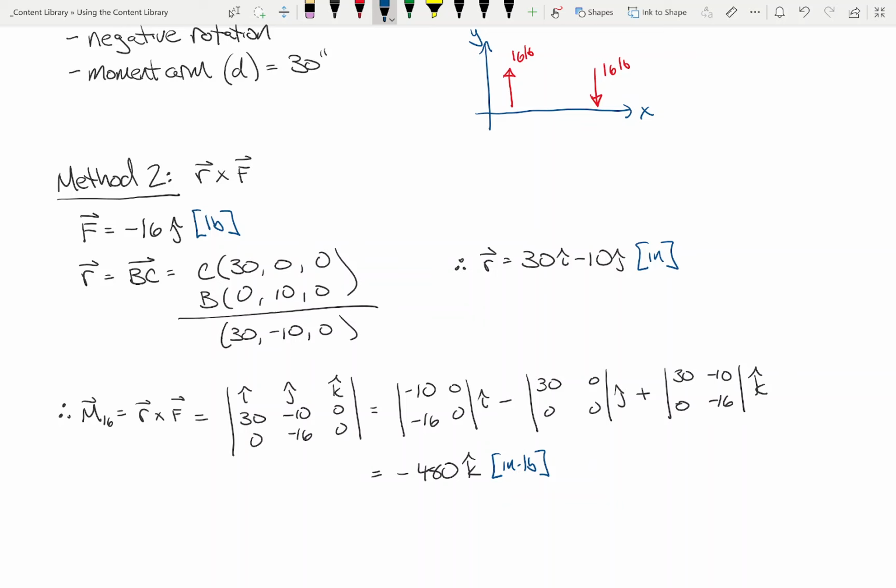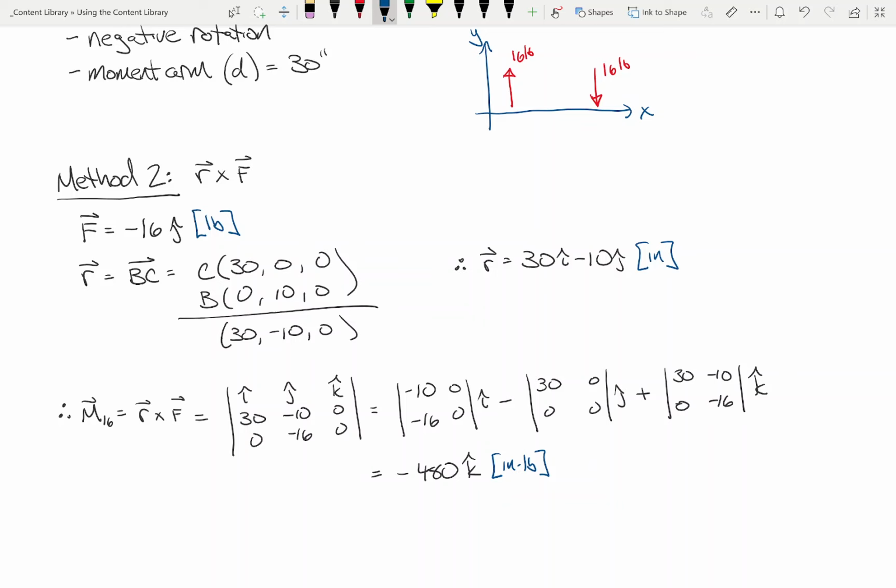And by the way, this would also work, again, if you flipped it, right? So what I did when I summed these moments is I said, we're just going to pick one about which to sum moments. And so we'll say the force vector is the other one, and R goes from that point to that force vector. I could have picked the bottom one and said, that's my force vector, and R goes that way.